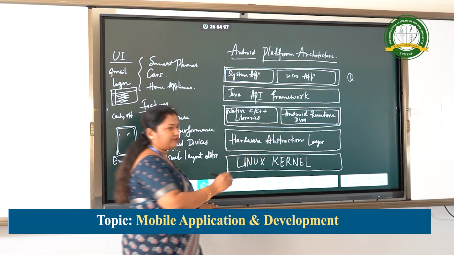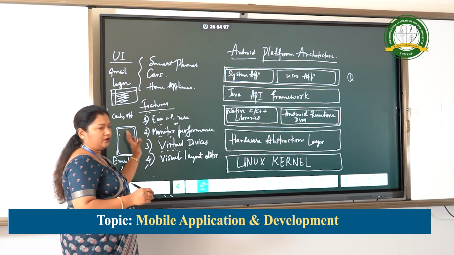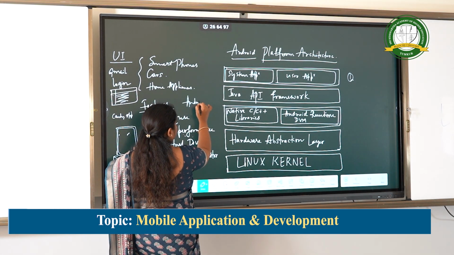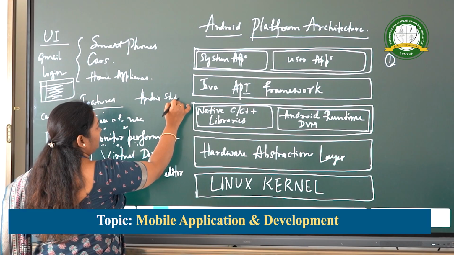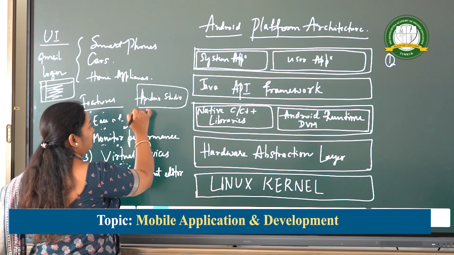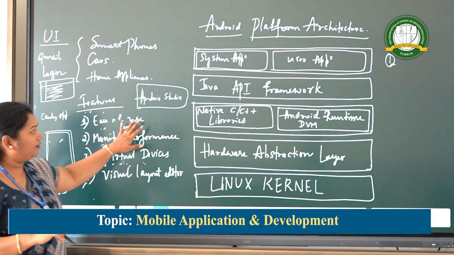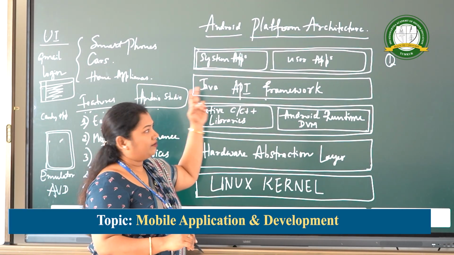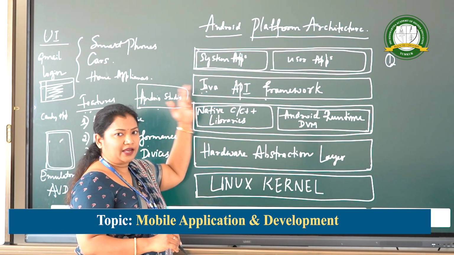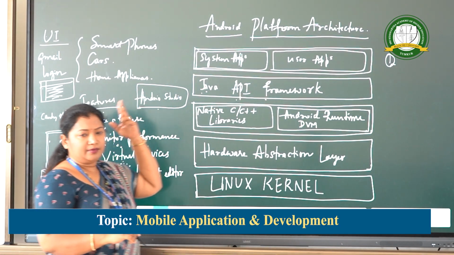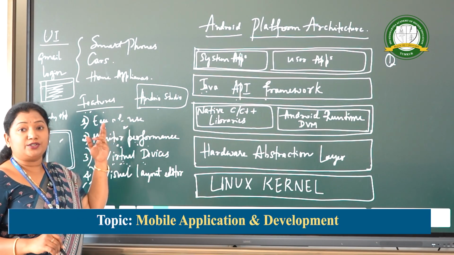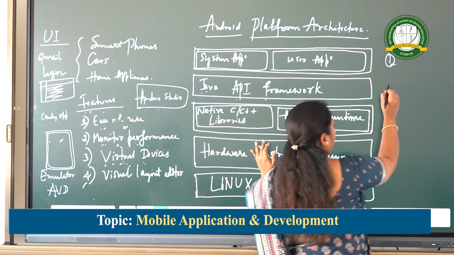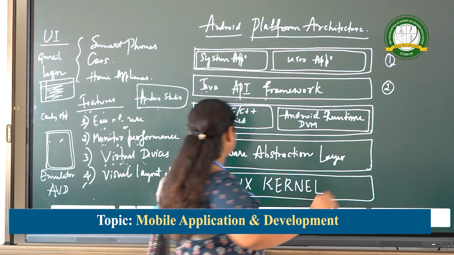Java API framework is nothing but where we work on Android Studio, as I previously mentioned. This is the framework we have to develop an app. Java, you know, is the language we will be using. API is nothing but application program interface. So this becomes the second layer of the architecture.